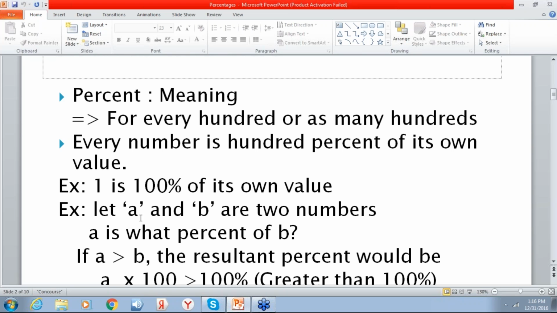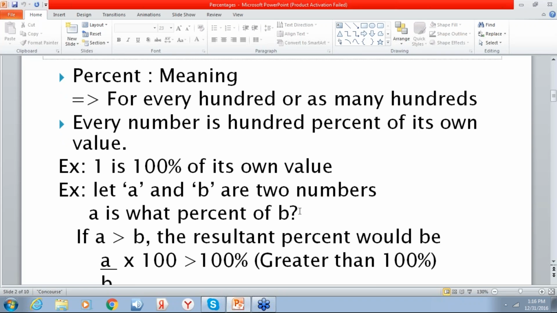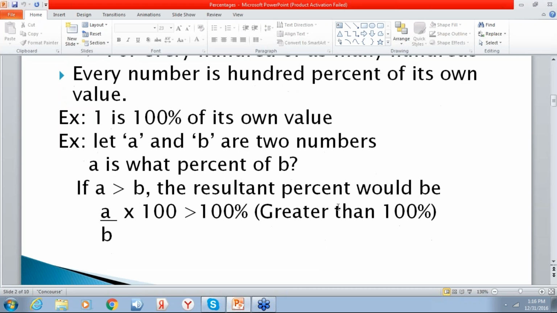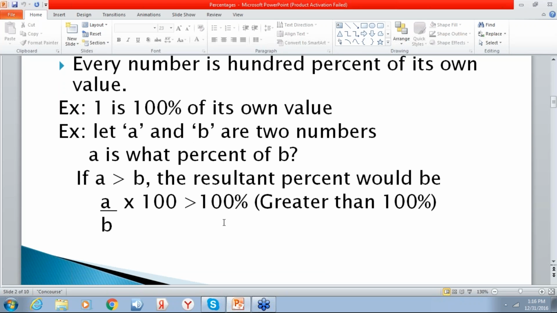Right. Then let A and B be two numbers. Then A is what percent of B? If A is greater than B, the resultant percent would be A by B into 100. Here, as A is greater than B, the resultant percent would be greater than 100%.